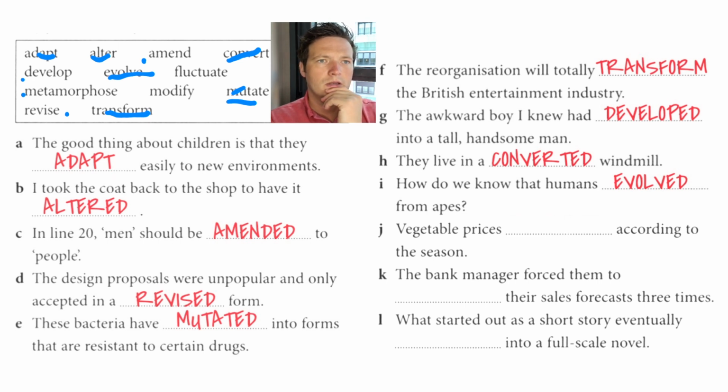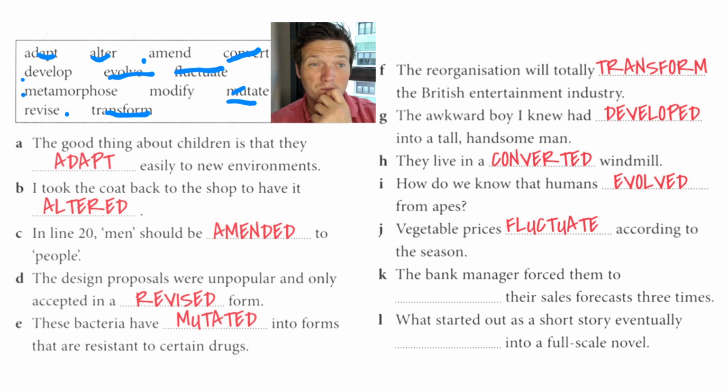Yeah. Vegetable prices, according to the season, they change, they vary, they go up and down, they fluctuate according to the season. That one's clear. The bank manager forced them to their sales forecasts 3 times. So I think the bank manager forced them to, I guess you could say revise.